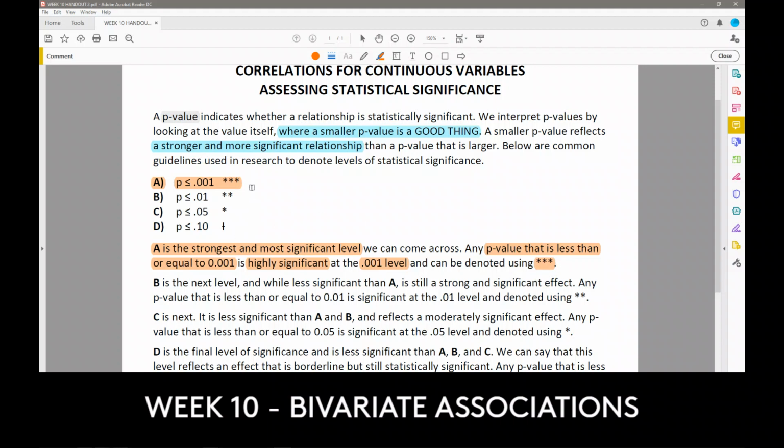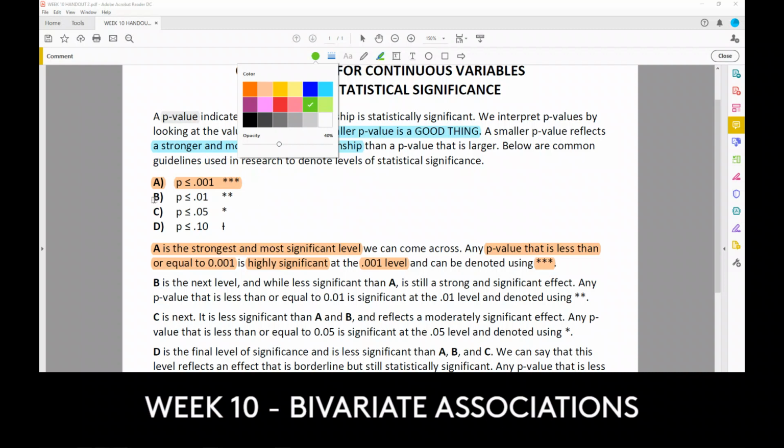So again, this is the most significant level. So any p-value that you see that is less than 0.001, you know is highly significant at the 0.001 level and gets 3 asterisks, okay?